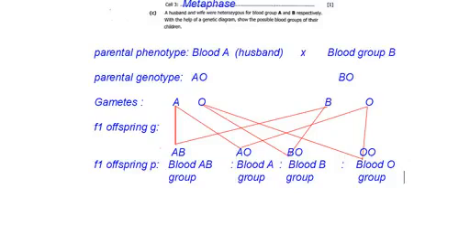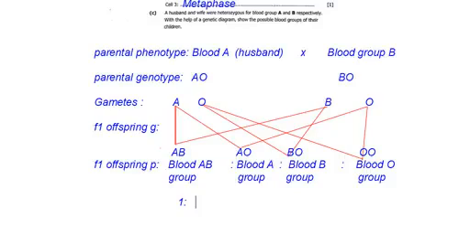So here in terms of the ratio that we have come up with, we only have one offspring for blood group AB.